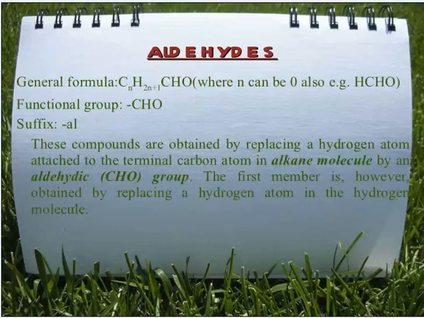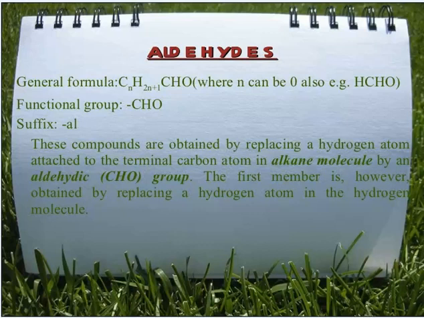Aldehydes. The general formula is CnH2n+1CHO. The functional group is CHO, and the suffix is AL, like we said before. These compounds are obtained by replacing a hydrogen atom attached to the terminal carbon atom in alkane molecules by an aldehydic group CHO.